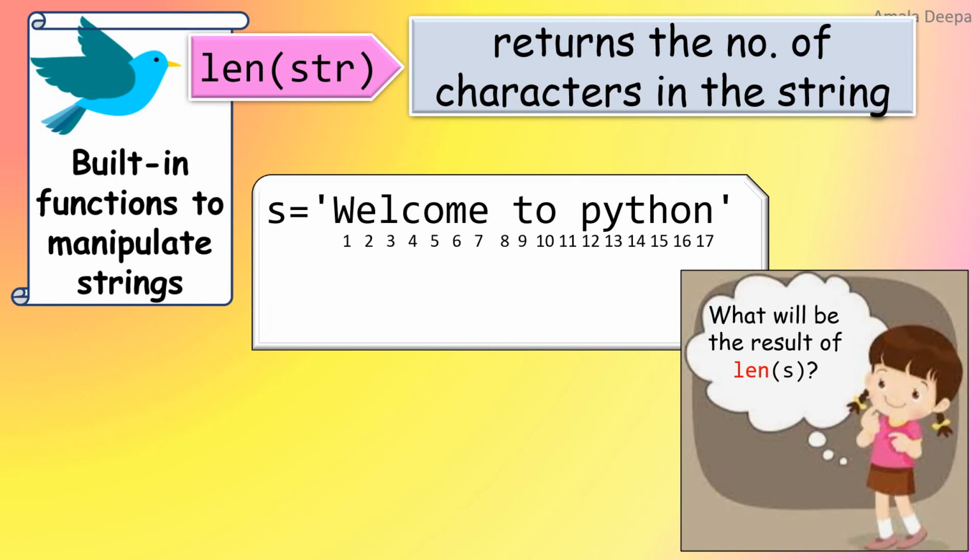You have to count the spaces also because space is also a character. So in this string s, there are totally 17 characters. So len of s gives the result 17.